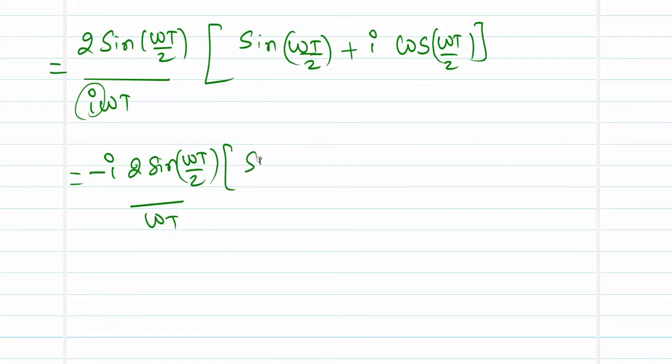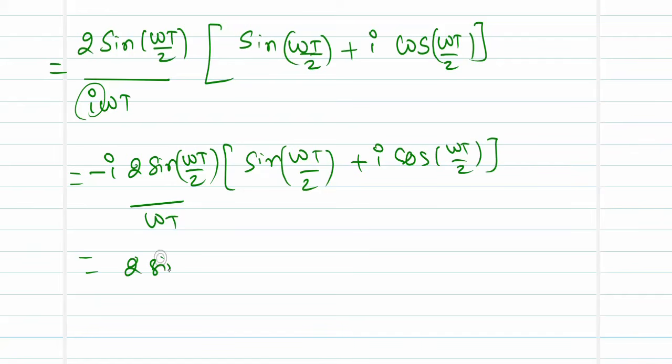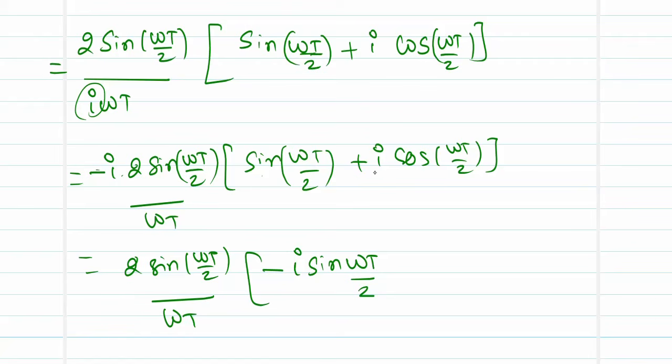Now what we are going to do is pull this i inside, so that our term gets replaced as 2 sine omega t divided by 2 divided by omega t. This minus i gets inside, so minus i sine omega t divided by 2, and this i you have to multiply with minus i, so it becomes minus i square.